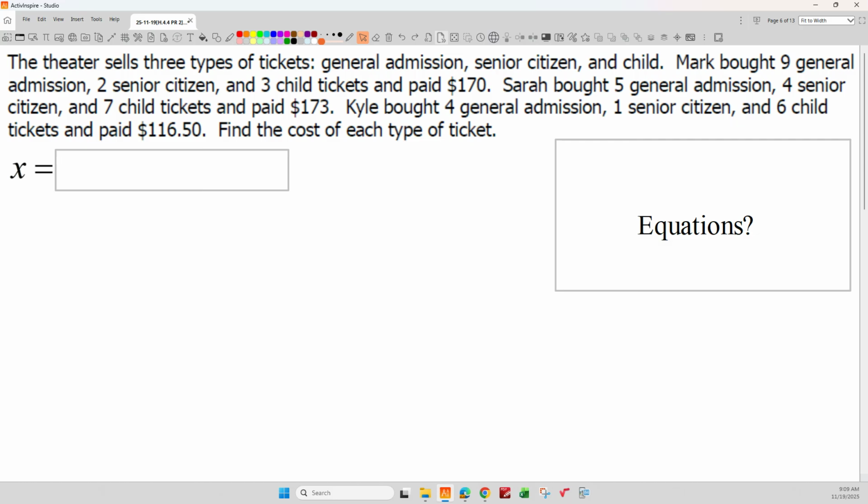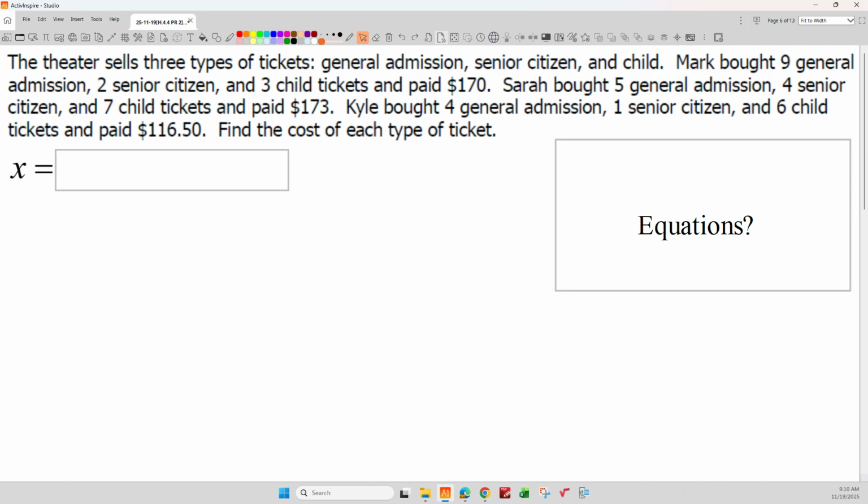Mark bought 9 of the general, 2 of the senior, 3 of the child tickets, and he paid $170. Sarah bought 5 general admission, 4 senior, and 7 child tickets and paid $173. Kyle bought 4 of the general admission, 1 senior, and 6 child tickets and paid $116.50. Find the cost of each type of ticket.